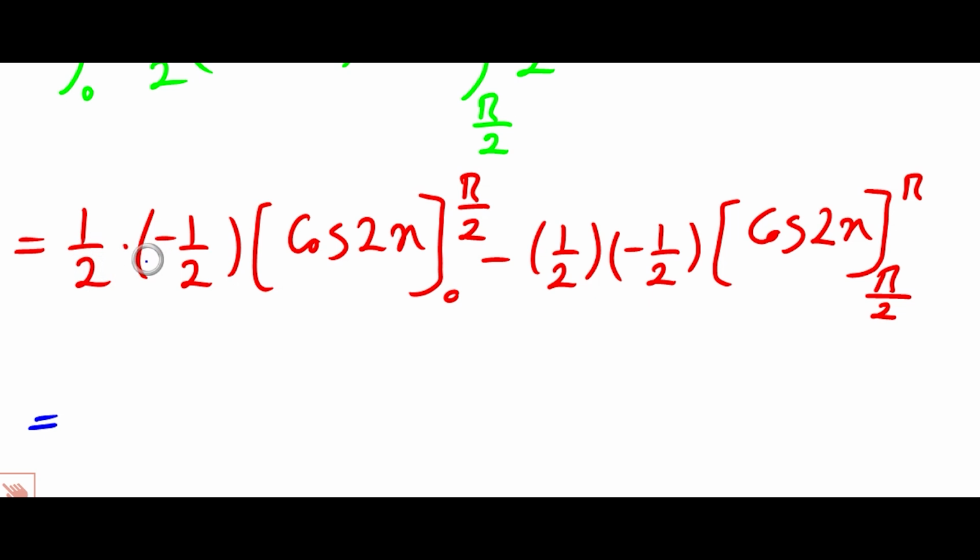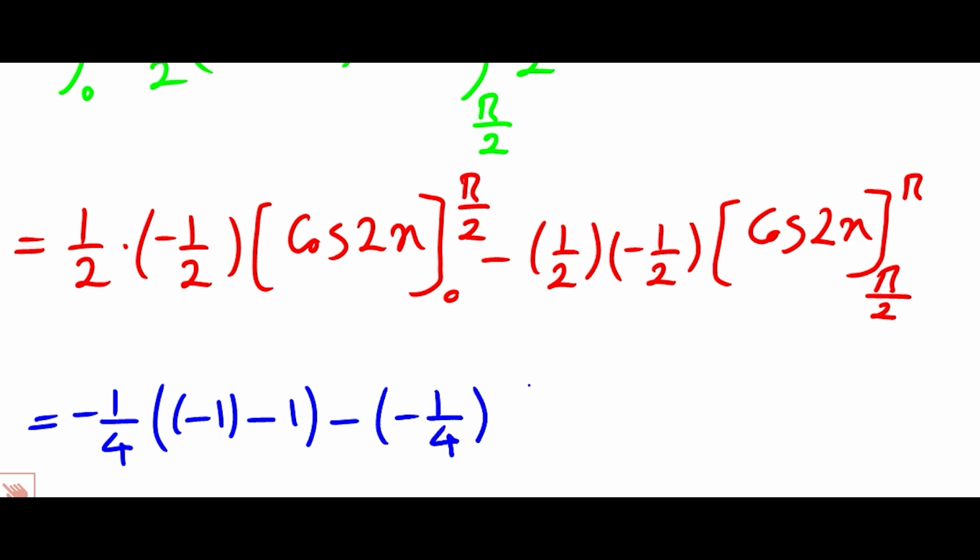So 1/2 times negative 1/2 is negative 1 over 4 times cosine of 2 times pi over 2. 2 times pi over 2 is pi. So cosine of pi is negative 1, minus cosine of 0 which is 1.